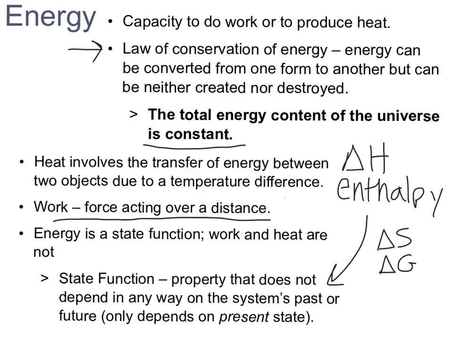It only depends on present state, meaning we have multiple ways that we can solve for these things. And so part of what this unit is us focusing on how we can solve for delta H, delta S, and delta G, depending upon the kind of data or information we're given.